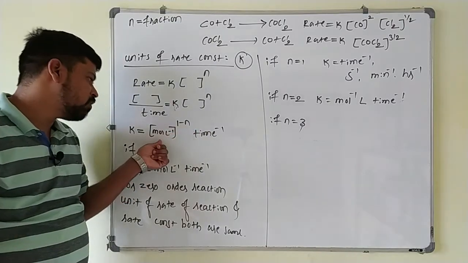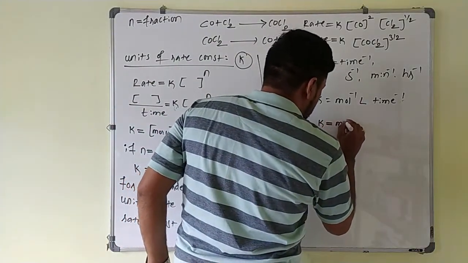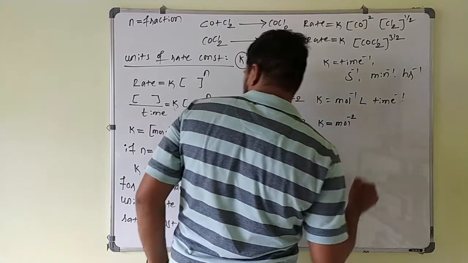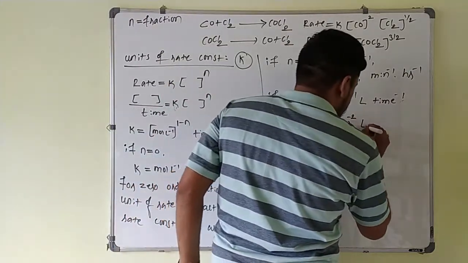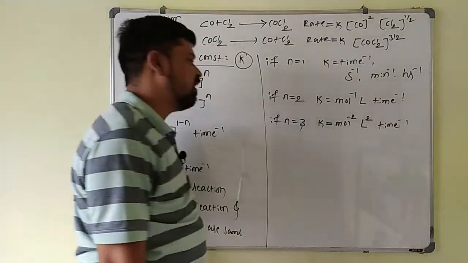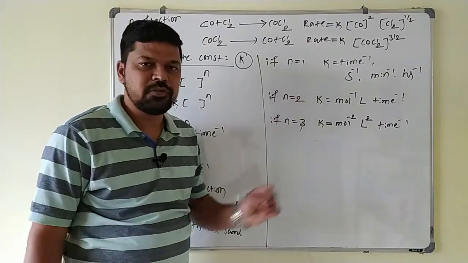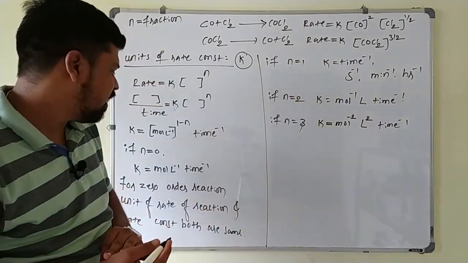You multiply minus 2 inside here, so K is equal to per mole square, liter square, per time. So these are the units of rate constant for different order reactions.